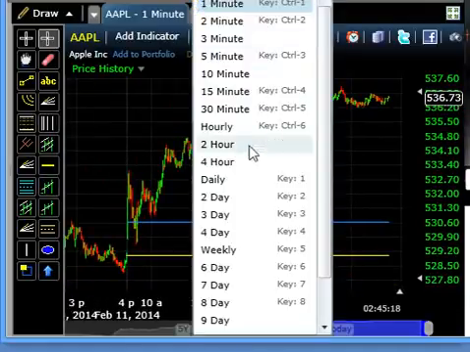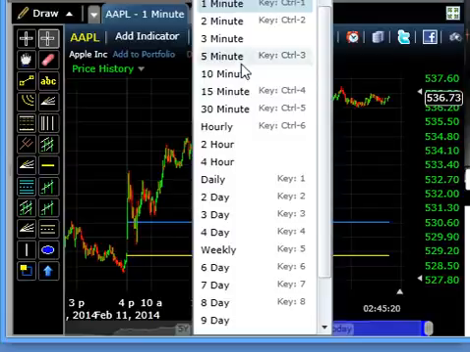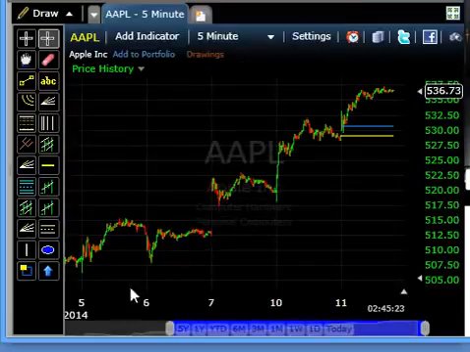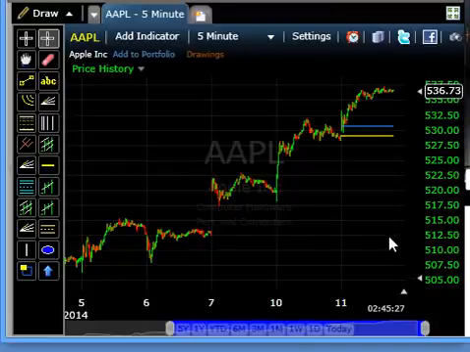Let's change the time frame again and look at a few more examples. So on a 5 minute chart, which shows several days, we're looking at February 5th through February 11th. We can see over the course of these days the overall progress up. So we're in an overall uptrend, yet during the day we may see these ranges develop.